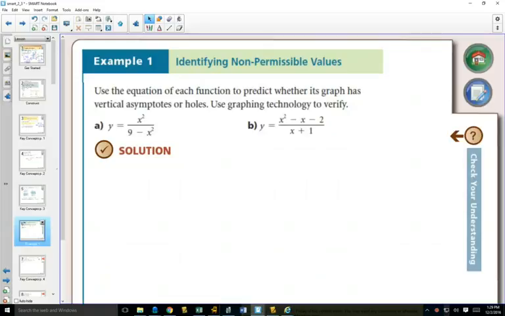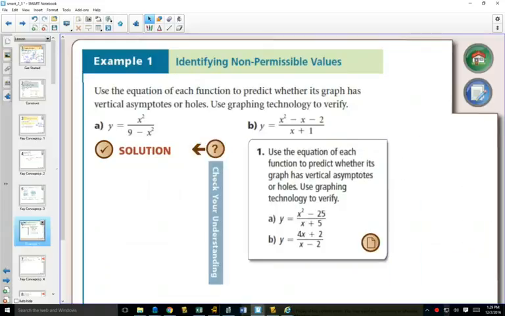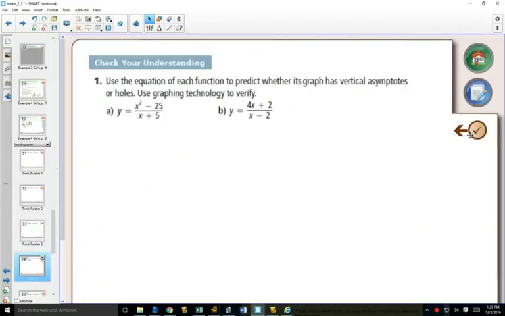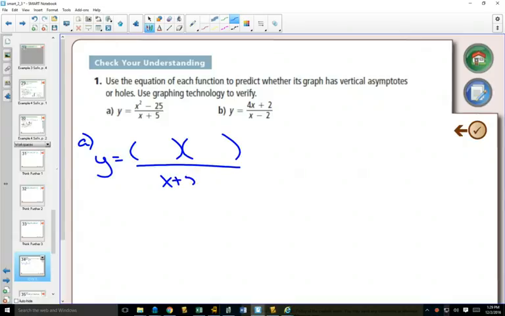All right, so example number 1. Use the equations to predict whether it has vertical asymptotes or holes. So again, what we need to do is factor things completely. For A, can you see that you could factor the top as a difference of squares?